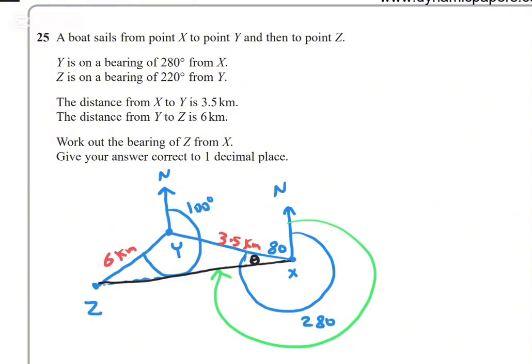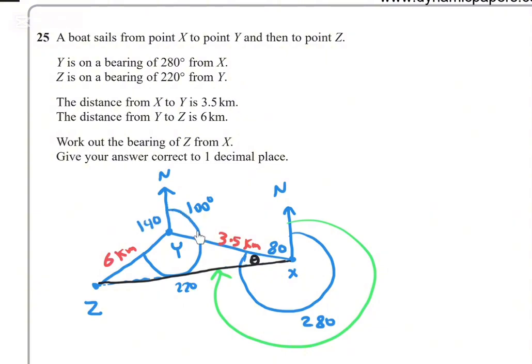Now we have the bearing of Z from Y, 220. So to find this angle, 360 minus 220, this bearing. So 360 minus 220 equals 140. So this angle is 140.